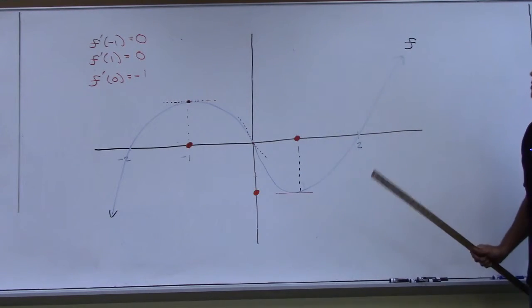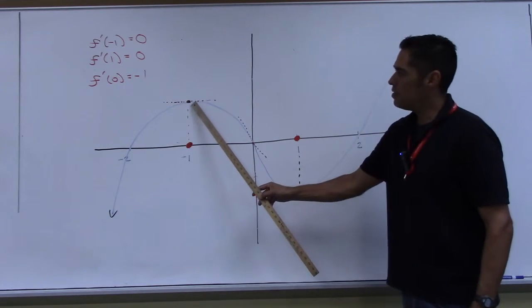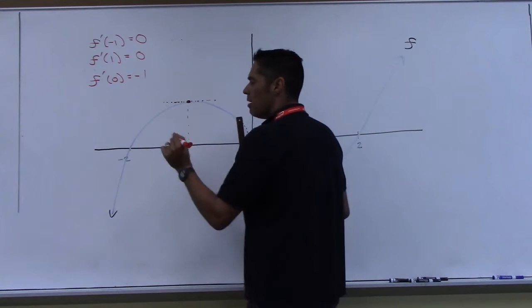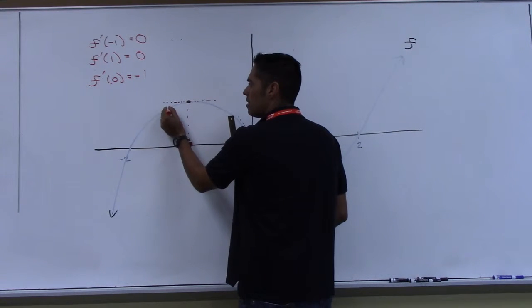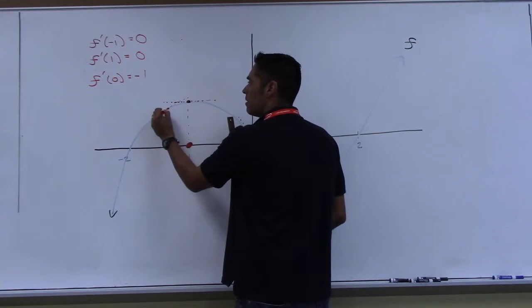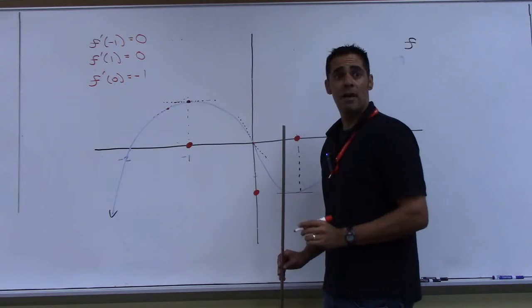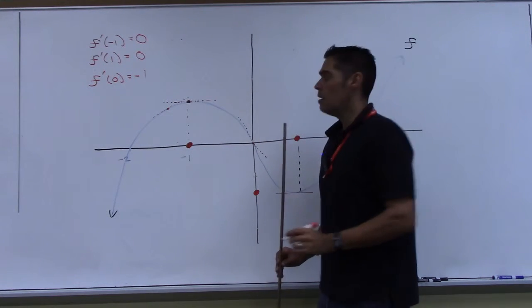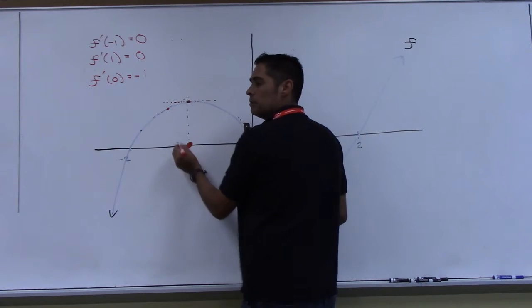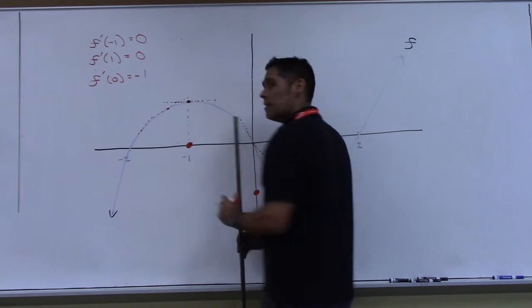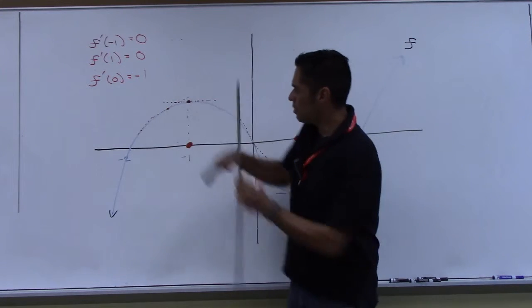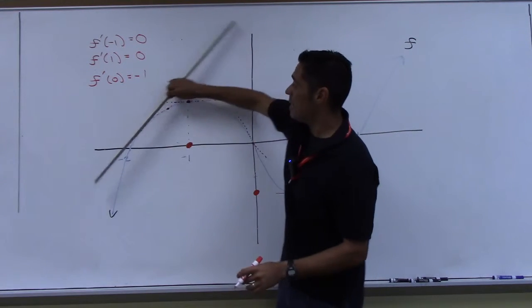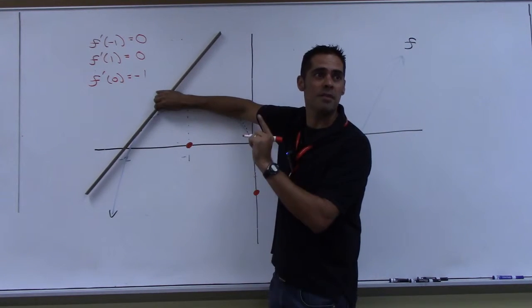Okay. Now, over here where we had this interesting point, what can you tell me about the slope of the tangent line here? Positive or negative? Positive, right? How about the slope of the tangent line here? Positive, but steeper, which means bigger positive, right?